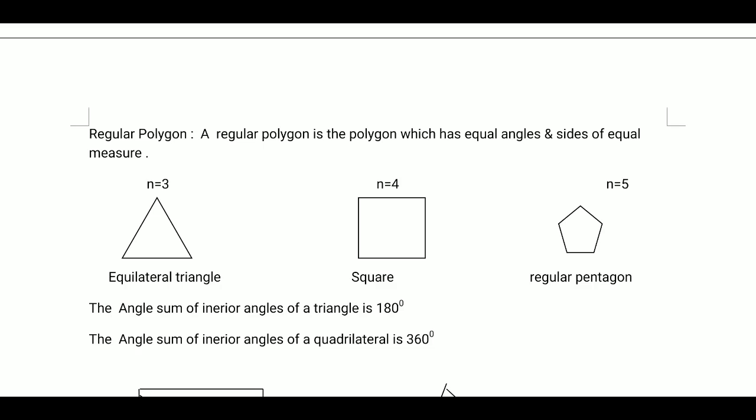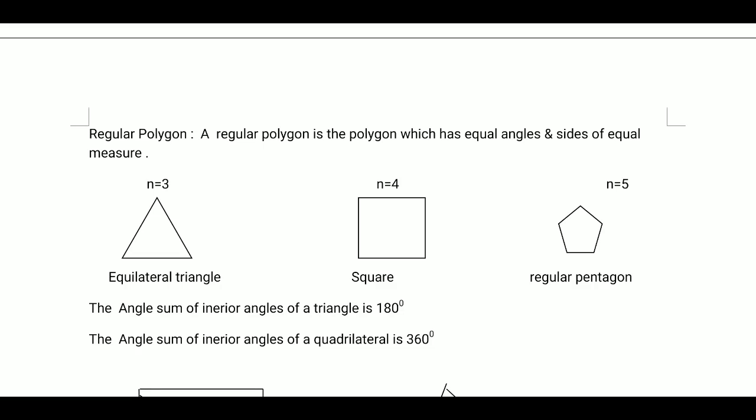Equilateral triangle has three sides, all sides are equal, and all angles are also equal. So it is the regular polygon with the least number of sides. A square also has all sides equal and all angles equal to 90 degrees.